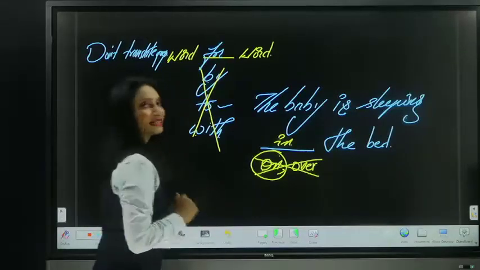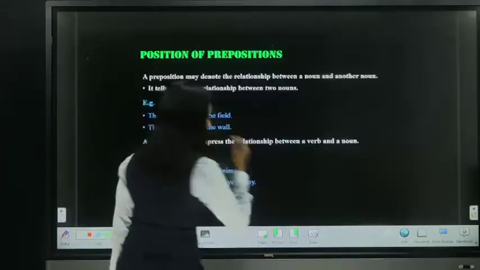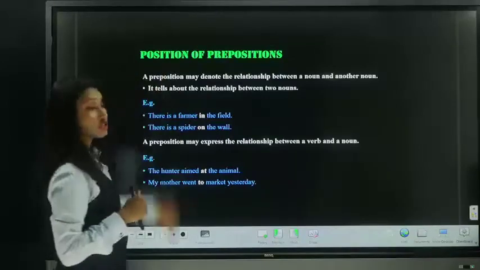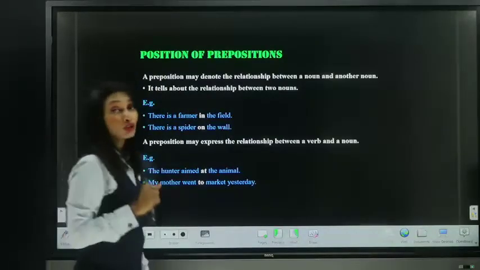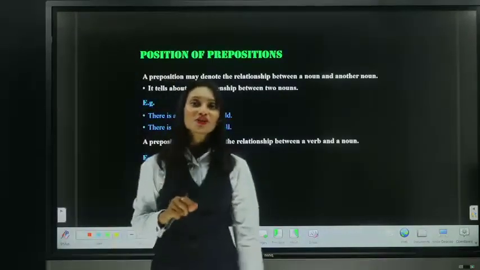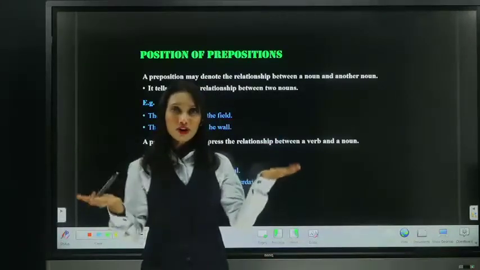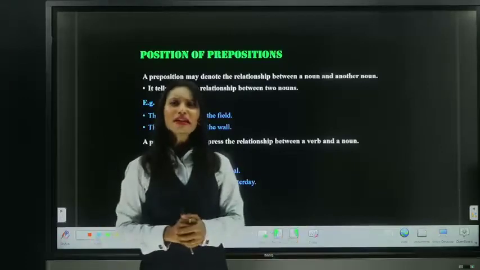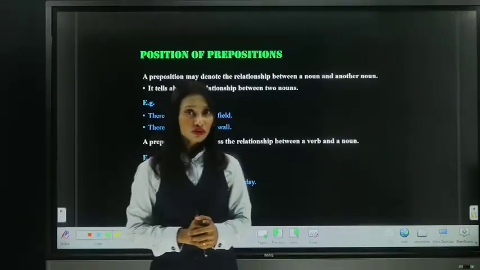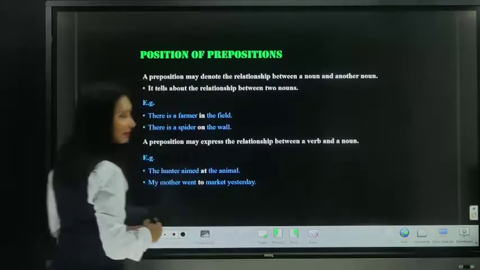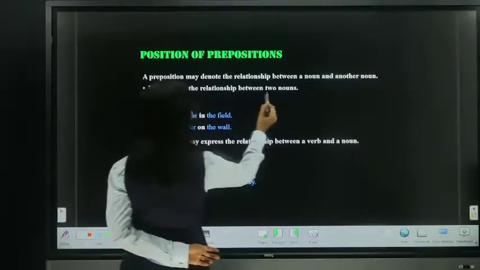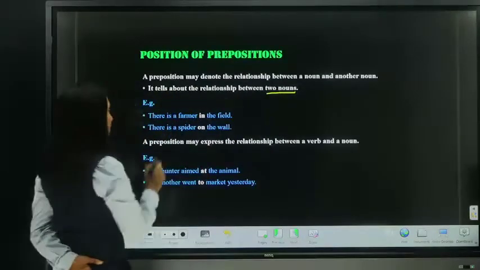So let's see the next one. Now let us see the position of prepositions. As I already told you, prepositions are used to show a relationship between a noun and a noun, a verb and a noun, an adjective and a noun. Let us see how they show a relationship. First, the relationship between two nouns. Look at these examples.